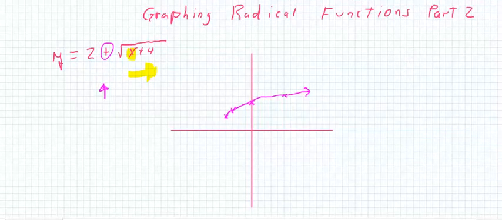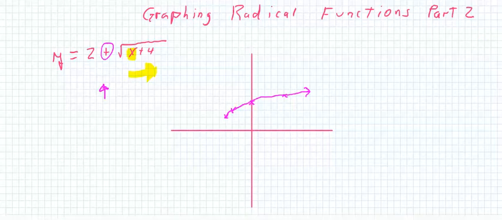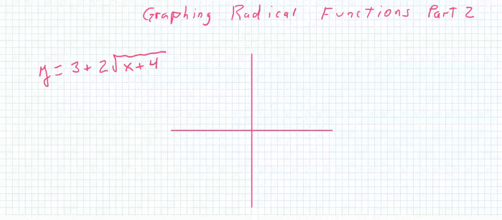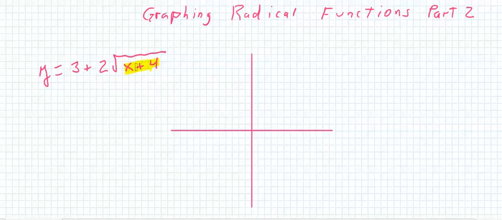All right, now we're going to put a number in front of the radical. So let's come up with some equations. The first graph I want to look at is y equals 3 plus 2 times the square root of x plus 4. As before, we take the x plus 4, set it equal to 0, and we get negative 4.